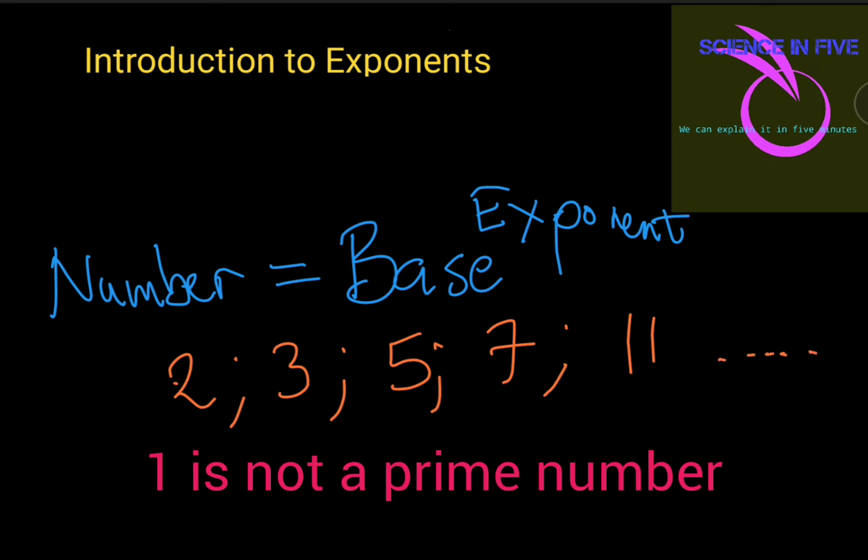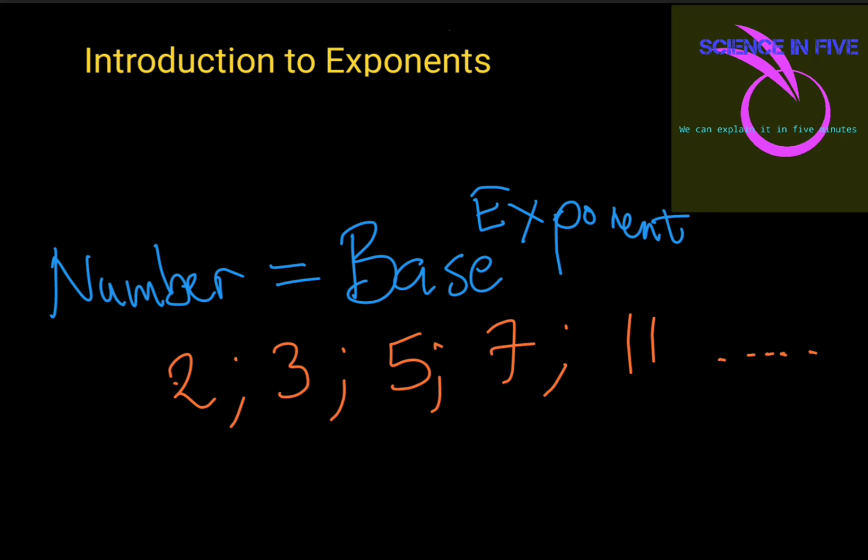So to convert a number into exponential form, we are basically making the base a prime number. The base has to be one of those prime numbers, and then we can add the exponent. Okay, so it's a skill. Let's see how we can do this.